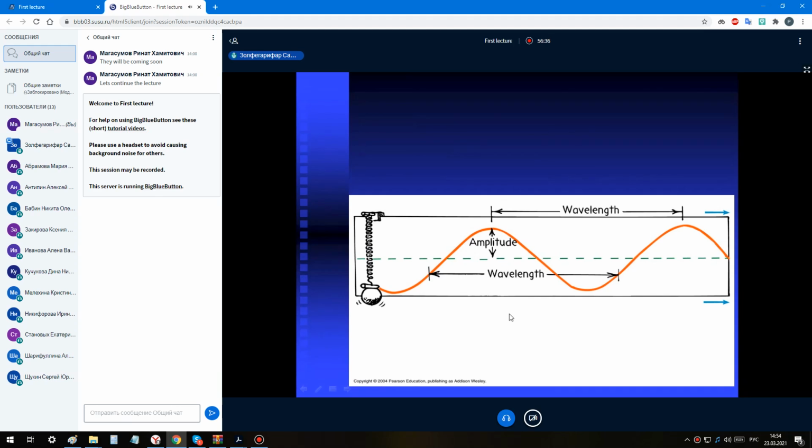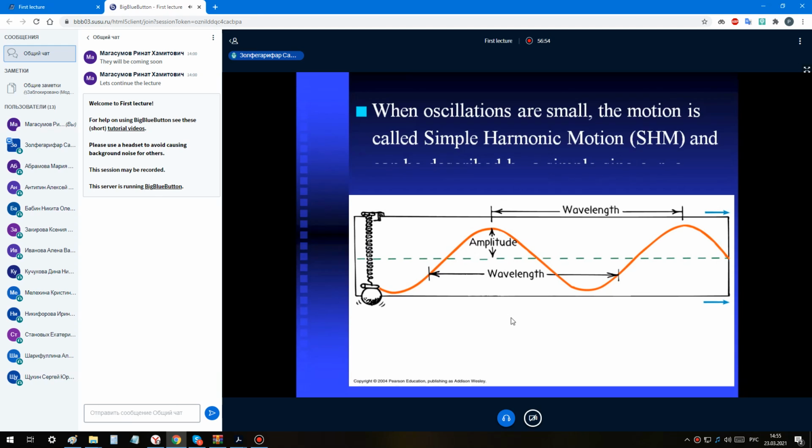When the oscillations are small, the motion is called simple harmonic motion, SHM, and can be described by a simple sine curve as shown in this slide, with some parameters of the wave motion after vibrations of the spring.